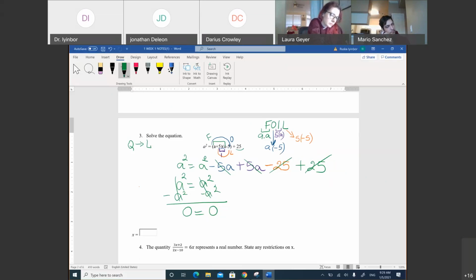When you solve it and you get 0 equals 0, that means this is an identity. Identity means it's always true, and always true means we have all real number solutions. It doesn't matter what you put for a, it's going to be a solution. Any number for a is a solution. So that means the solution is all real numbers.